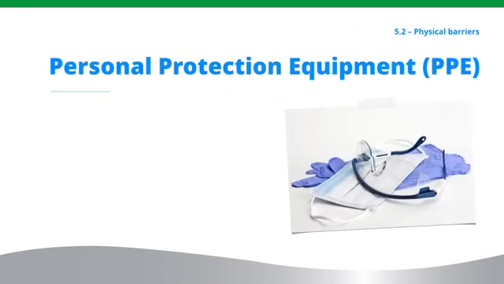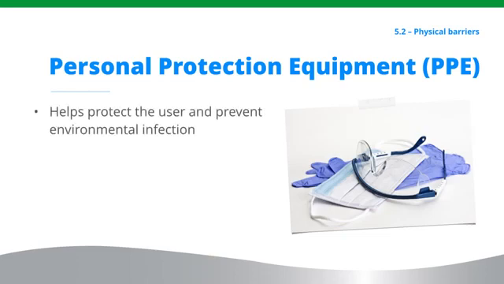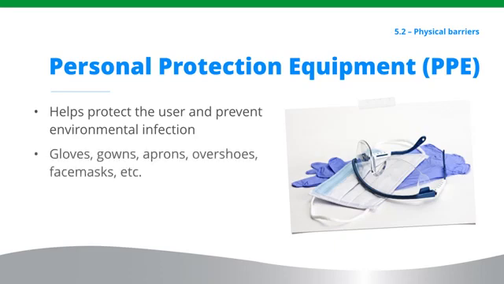Personal protection equipment, or PPE, is designed to protect the user from hazards and to make access to various locations safe from accidental introduction of an infectious agent or the transportation of an infectious agent out of the area. PPE includes barrier protection such as gloves, gowns, smocks, aprons, overalls, footwear covers and eyewear, all suitable to the risks involved.